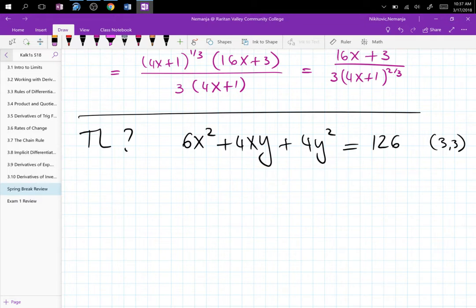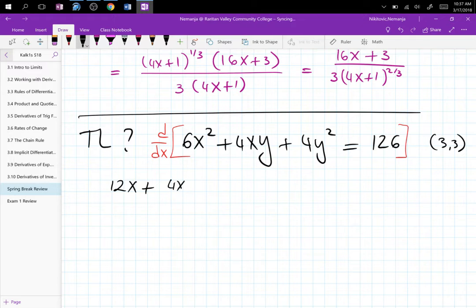All right, so now what am I going to do? Well, first I need the derivative. And to find the derivative, we are going to do d/dx. And I have my 12x plus, there's a product rule right there.